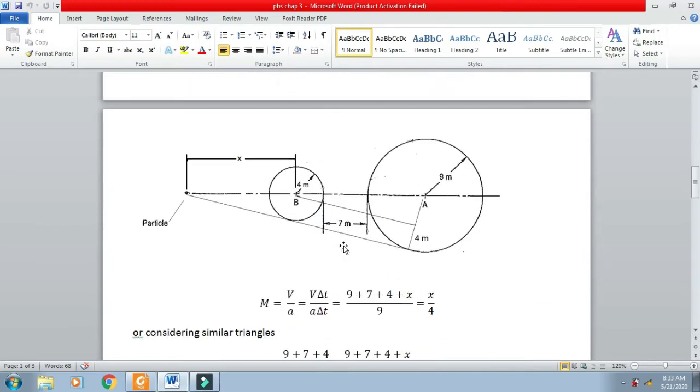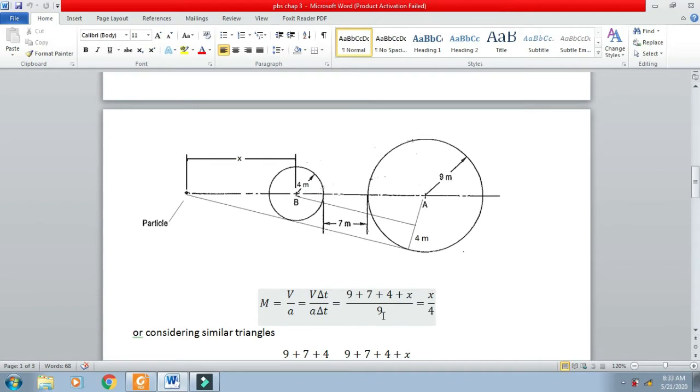We follow a similar procedure as in the previous problem. We mark the distance between point B and the final location of the particle as x. We use the relation of Mach number V over a, and then multiply the numerator and denominator with delta t. So this will become the distance traveled by the wavefront when our reference is A. The distance traveled by the wavefront is 9.